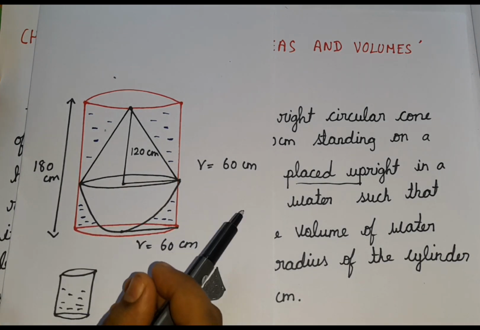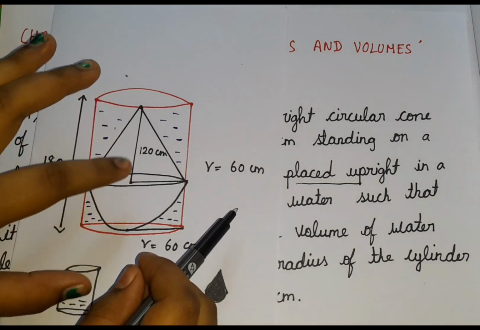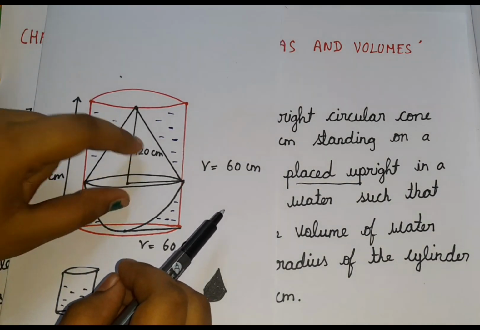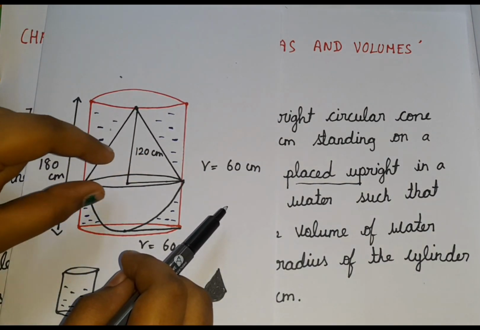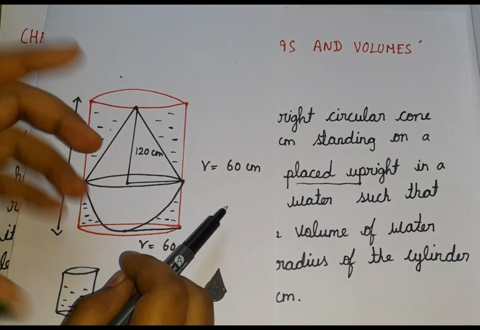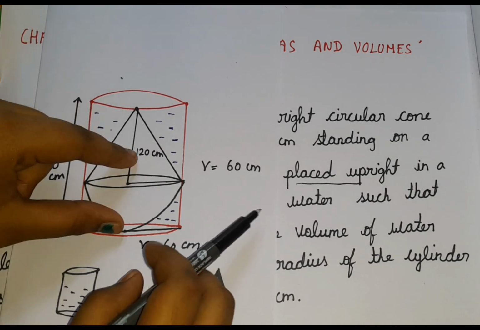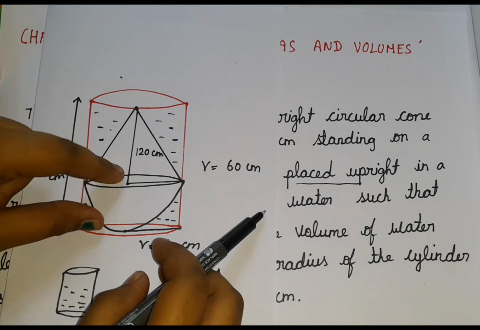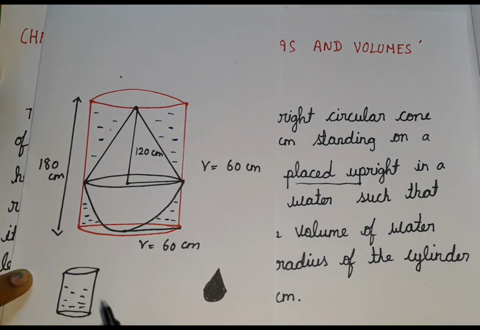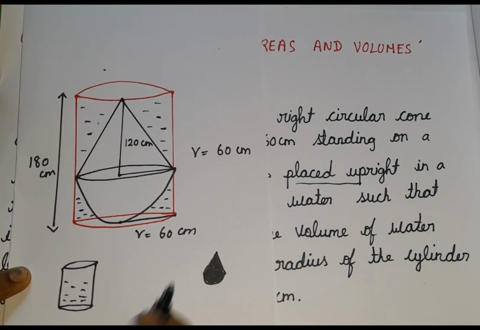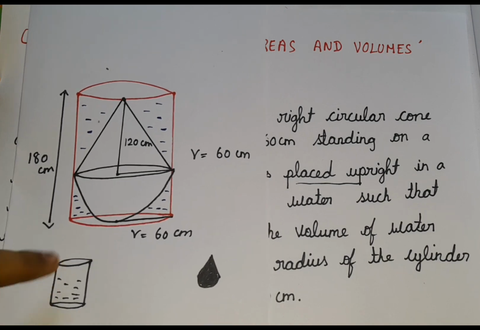That's why we are supposed to remove the complete figure, that is the cone and hemisphere. These are the two figures which are distracting us, because we are not able to find the water. If we take off these two figures, then we'll get to know how much water is there in the cylinder. So that's why I'm going to use volume of cylinder minus volume of cone and hemisphere.